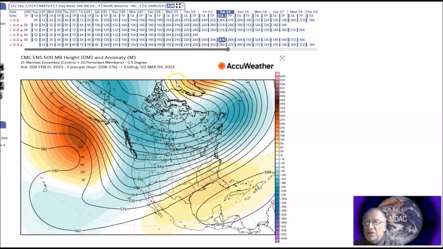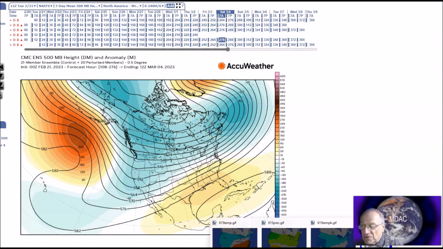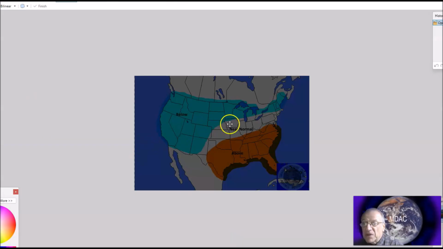Our ridge moves over Greenland, so below normal heights cover much of Canada into the west. So for this forecast period, I'm calling for below normal temperatures here, with anomalies of 2 to 4 degrees below normal, and above normal temperatures here, with anomalies of 4 to 8 degrees above normal.